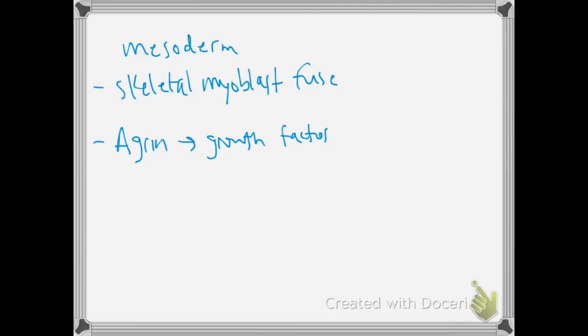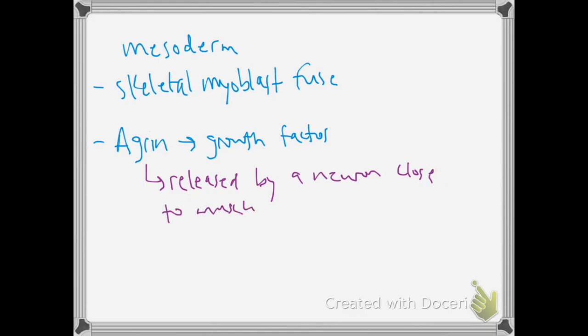So this growth factor is released by a neuron that's close to a muscle cell. And agrin's going to do a few things. It's going to cause the promotion of junctional folds to be made.